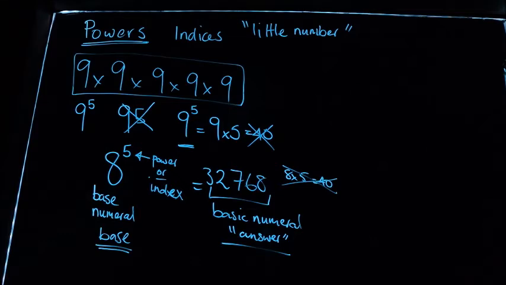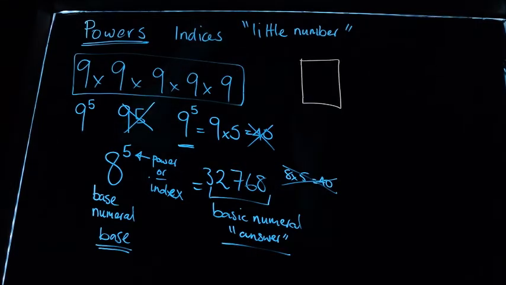Alright, so what will help you, if you have a look on your calculator, there's a button here that says x, any number that you like, and there's a little box up here. So you can put the base numeral in, and then the little box, if that was 8, and then on your calculator screen it would appear up here, and you move the cursor.